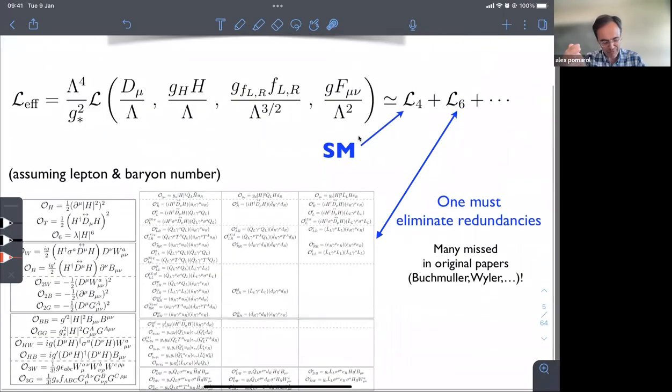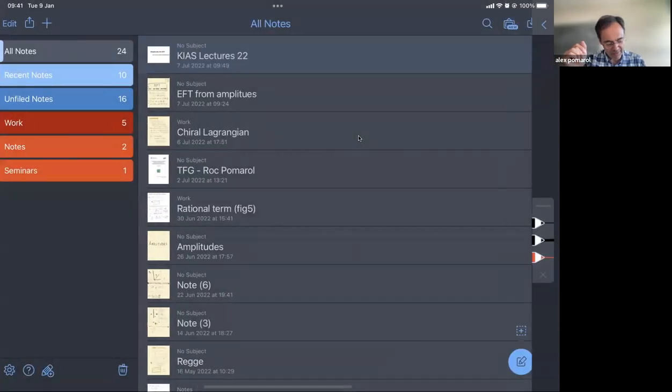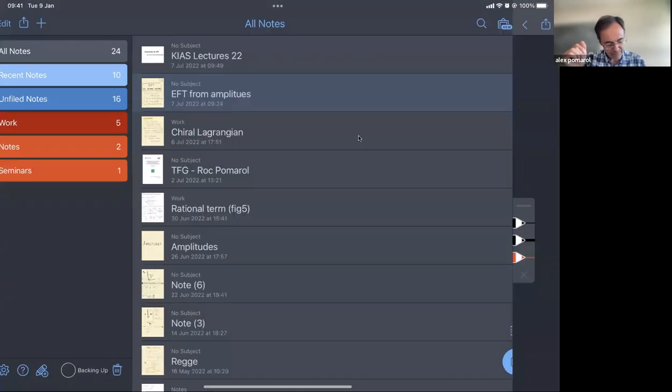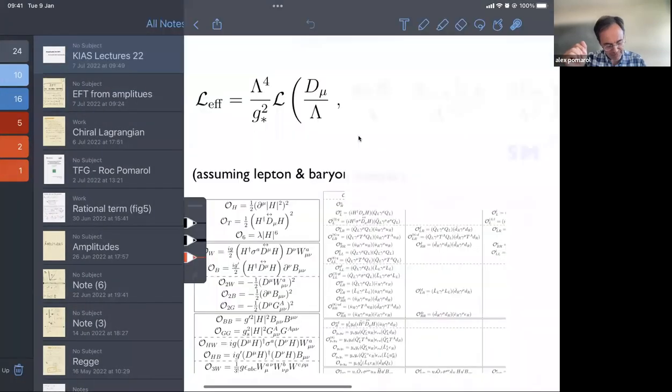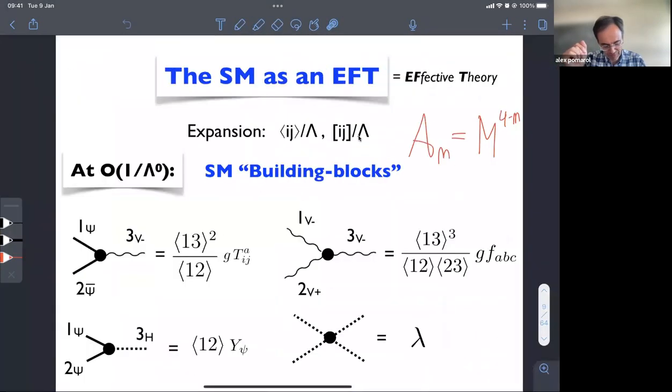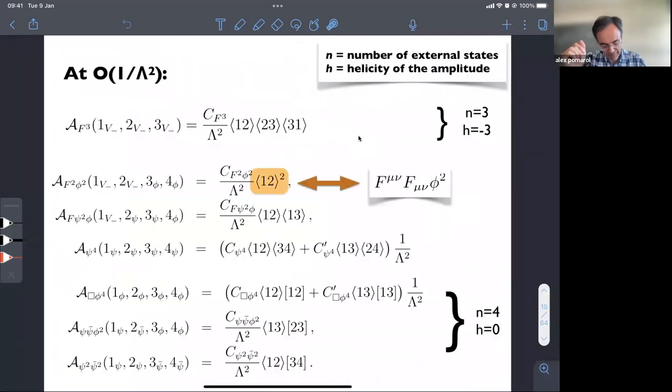There is not a one-to-one correspondence, but as many operators as you can write, I can write as many amplitudes. I am writing it here in a very generic way: two field strengths contracted with a scalar.